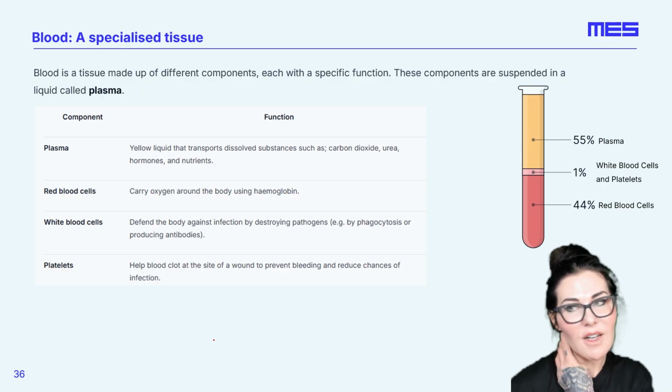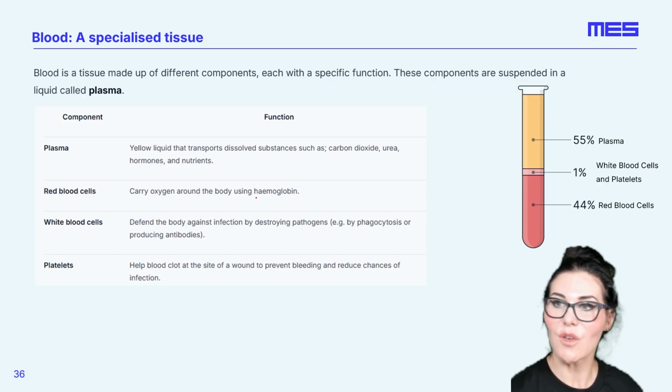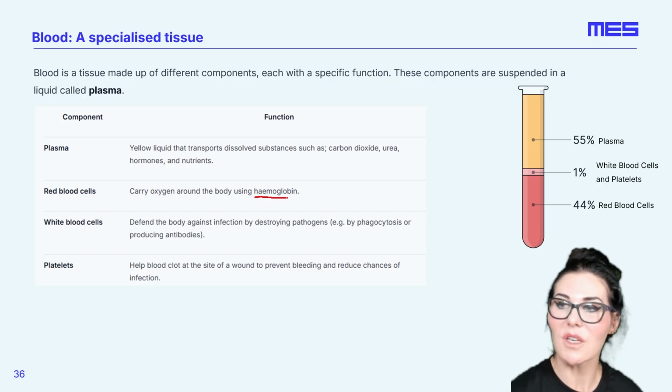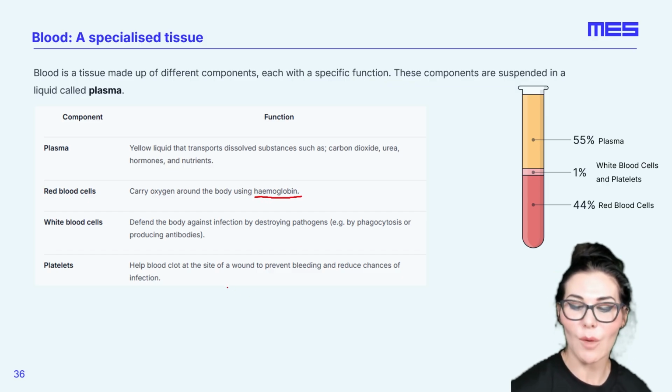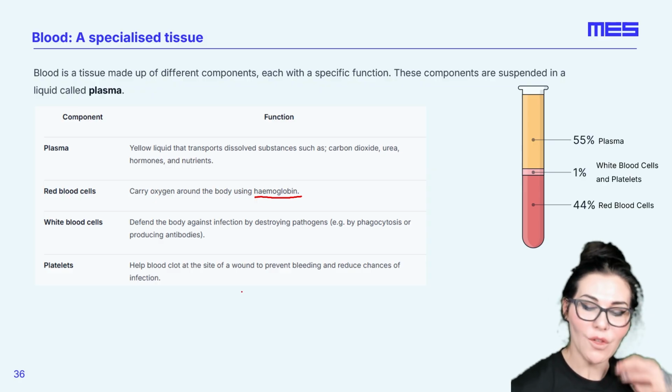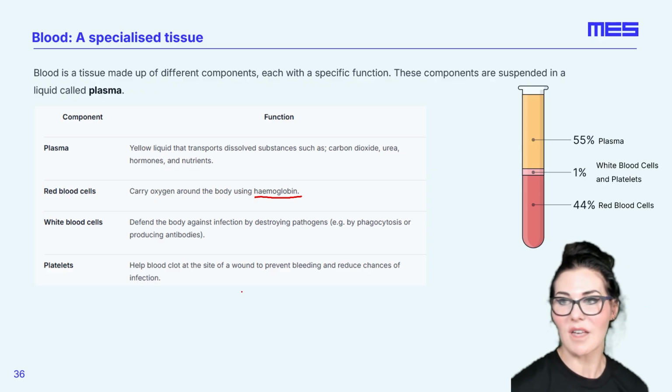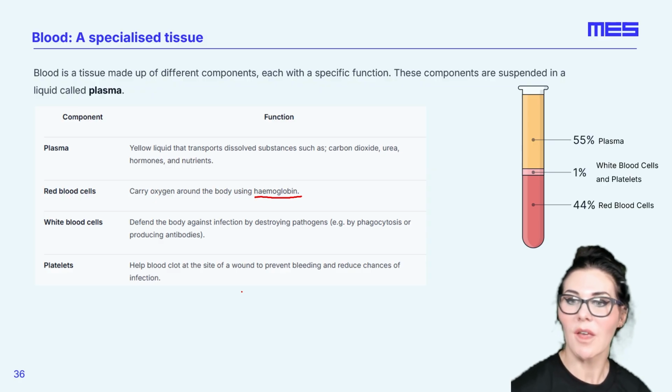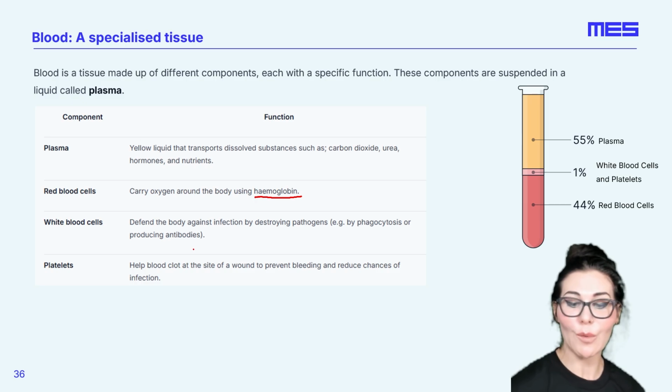The red blood cells carry the oxygen, and they use a very special protein called hemoglobin to do that. Hemoglobin is part of the red blood cell that oxygen attaches to, and therefore the oxygen is carried really efficiently to the cells for their respiration. Our white blood cells are our defense cells. They're there to help us fight disease, pathogens like bacteria, viruses, and there are different types of white blood cells.